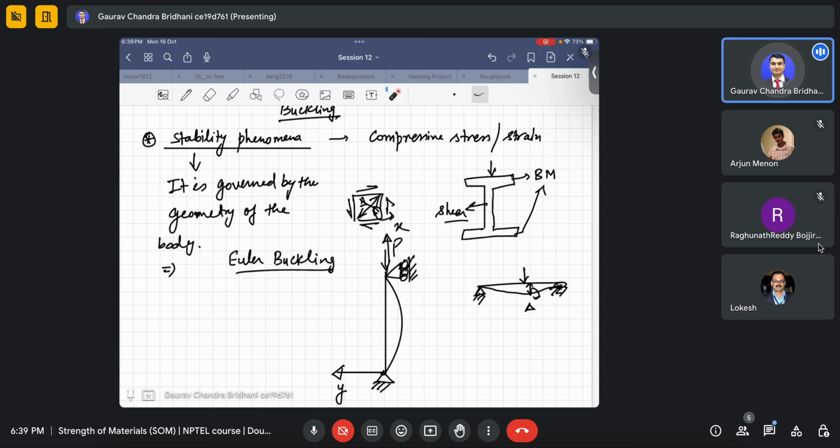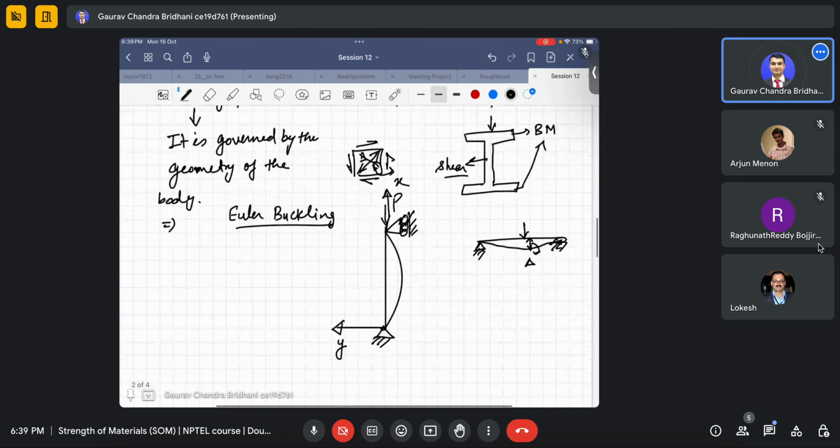And then comes the difference in the governing equation which we formulate. Actually we use the same bending formula only, but what we find is that we get EI d square y by dx square plus P y equals 0 or something.